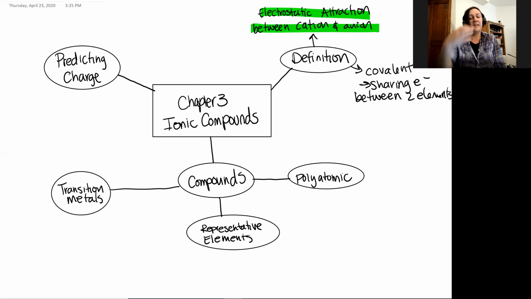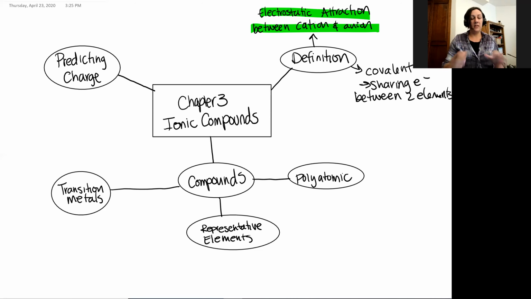And that sharing, which means like an electron spends time around two different nuclei, that sharing doesn't happen in our ionic bonding. Electrons don't spend time in between the two atoms. It's just the charge that's positive being attracted to the negative charge, like opposites being attracted to one another. So that's our definition of ionic compounds we're going to use.